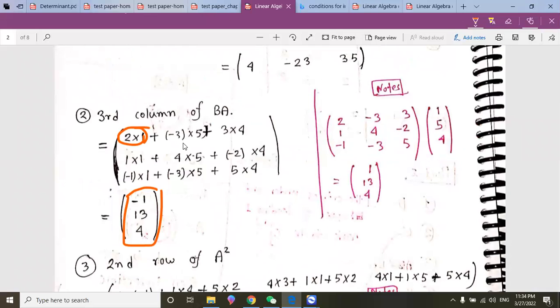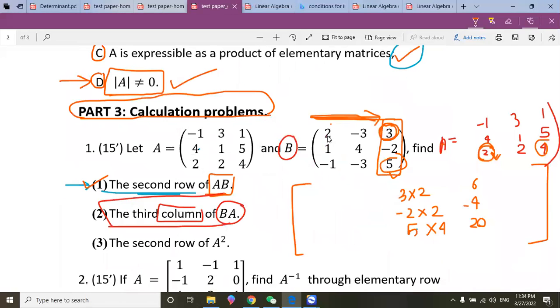Third column of BA. Two and minus 3, 5, 3, 4. Minus 3, 5. 2, 1.